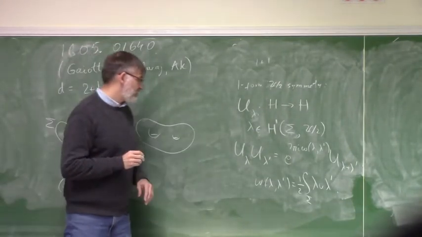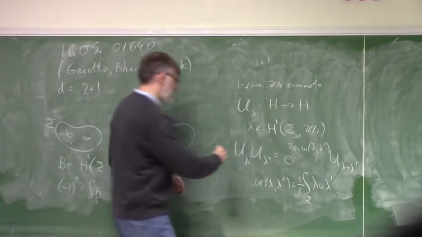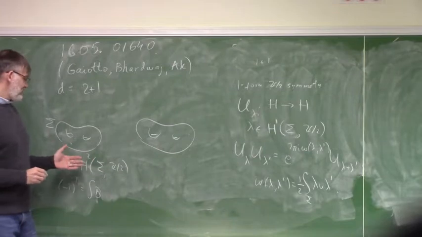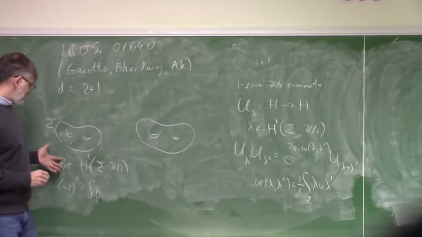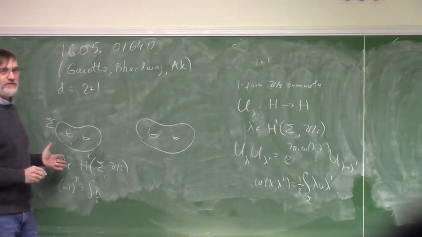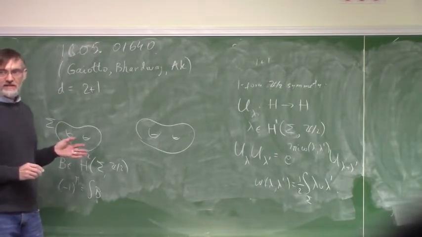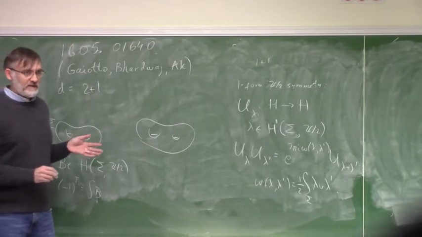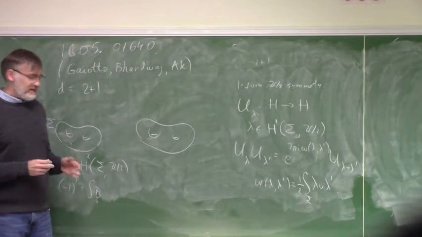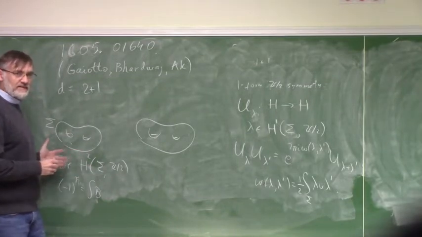So why do we need this anomaly? Well, when I gauge a symmetry, what does it mean? First of all, I'm allowed to turn on this gauge field. But second, I also have to impose Gauss law, which means I have to project to gauge invariant states. In particular, you can look at transformations which leave this B unchanged.